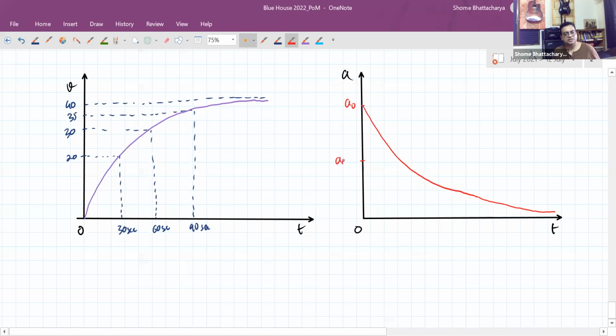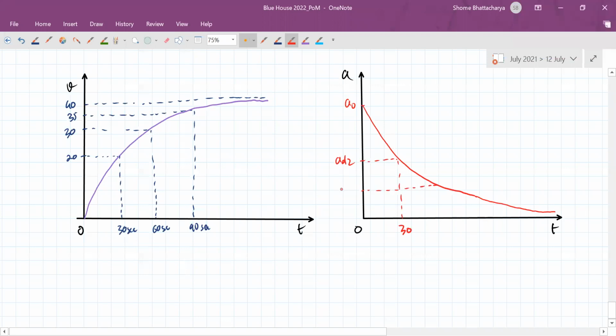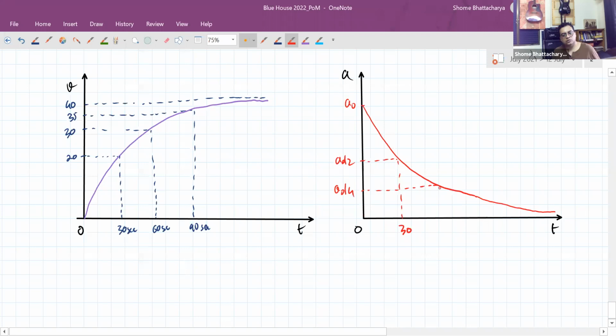Again, it's becoming exactly A0 by 2 at 30 seconds. Then it's becoming exactly half of this interval because this one is decaying. It's becoming A0 by 4 at 60 seconds. And then again, this interval is half. At another 30 seconds, or 120 seconds total time period, it will become 1 by 16 of A0 like that.